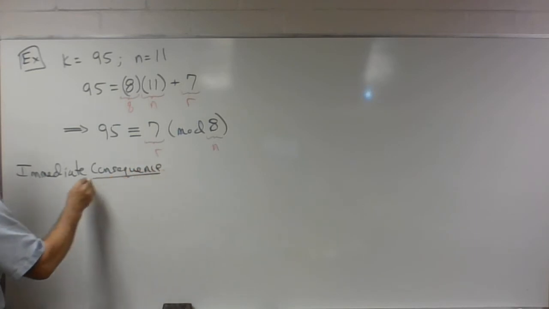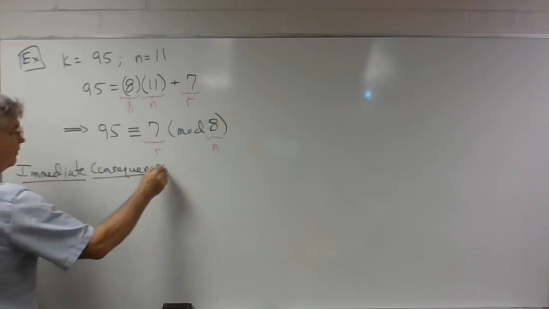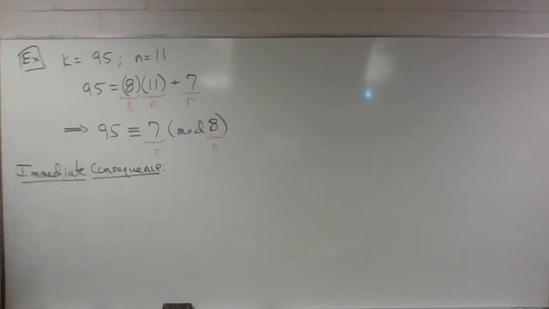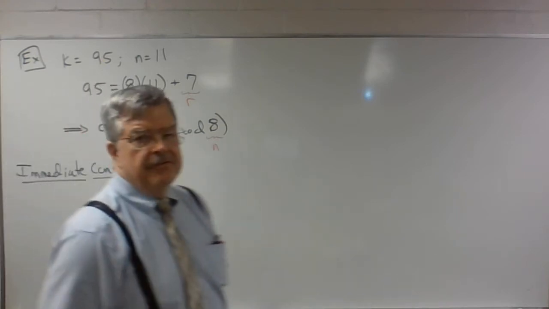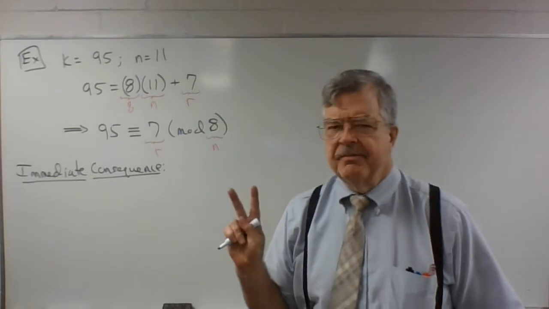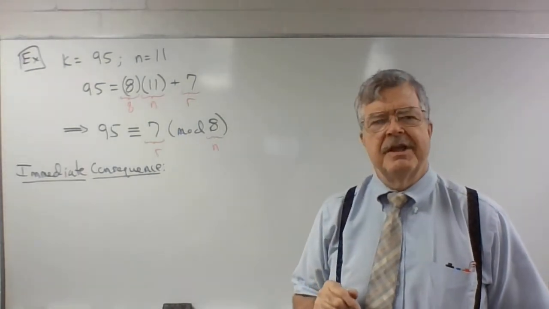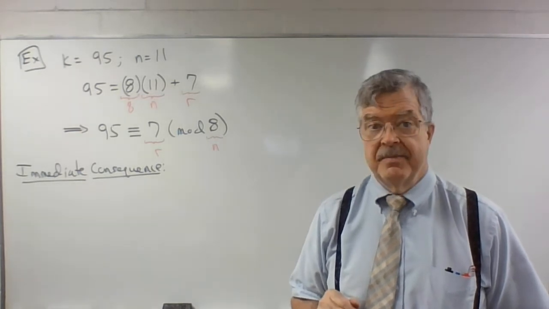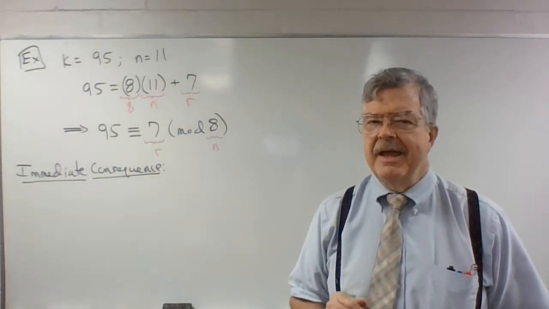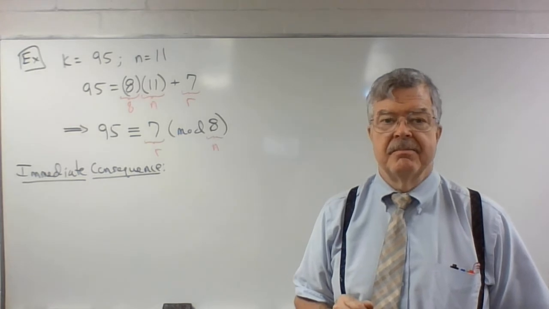Now, an immediate consequence of the result that we just derived is the fact that two integers are congruent to each other modulo n exactly when they have the same remainder modulo n.